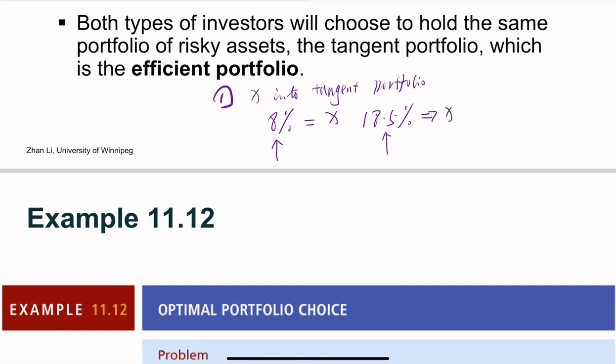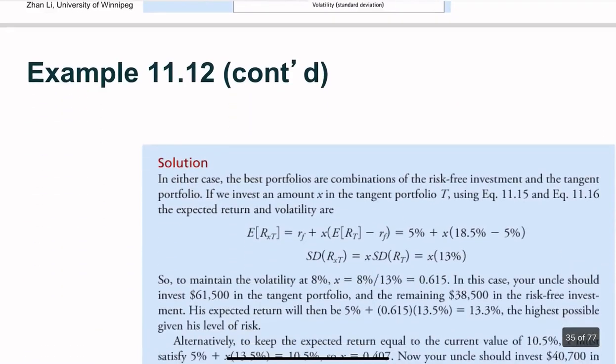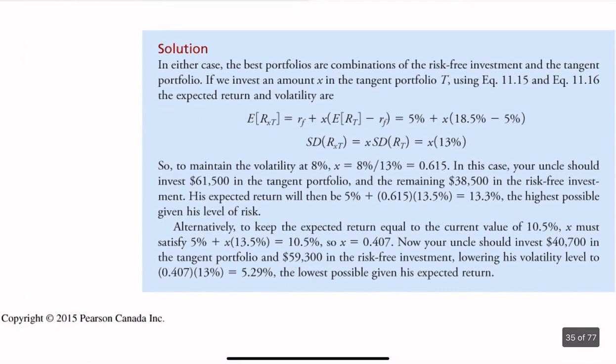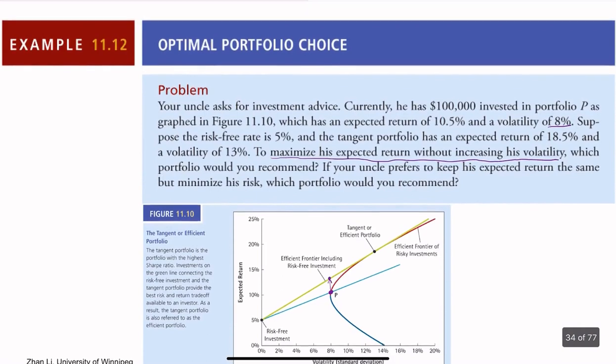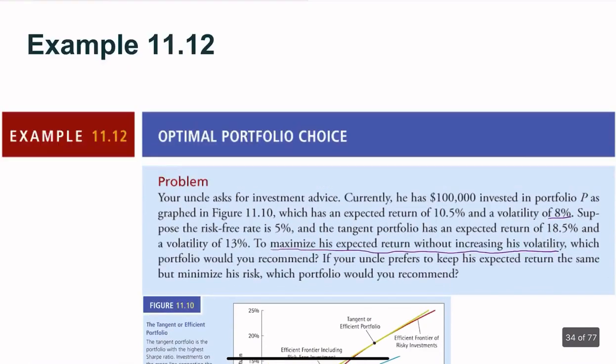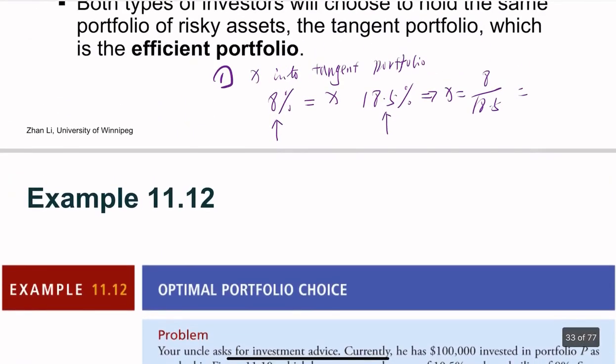So this tells us x equals 8 divided by 18.5. Oops, that's weird. Sorry, the tangent portfolio actually has a volatility of 13%.